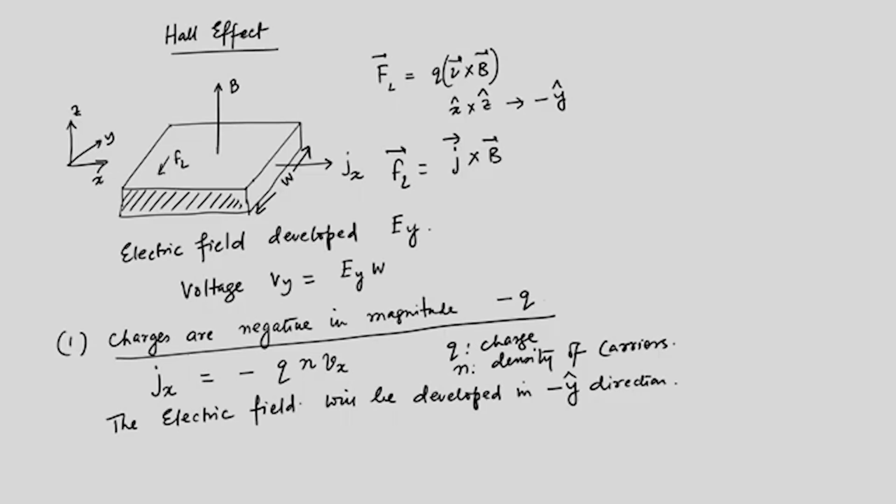And because the electric field Ey is in the negative y direction, the Hall voltage is negative.